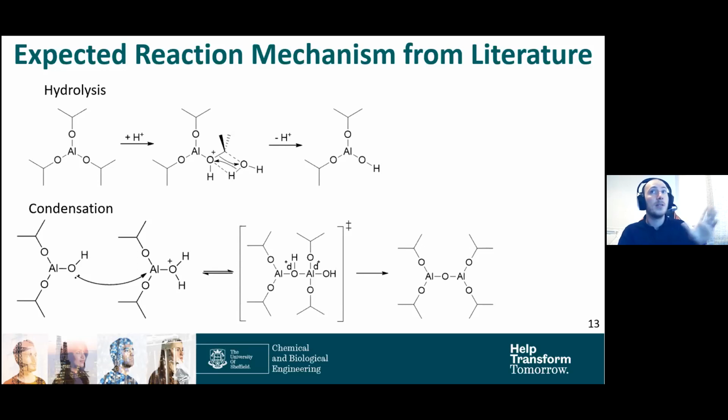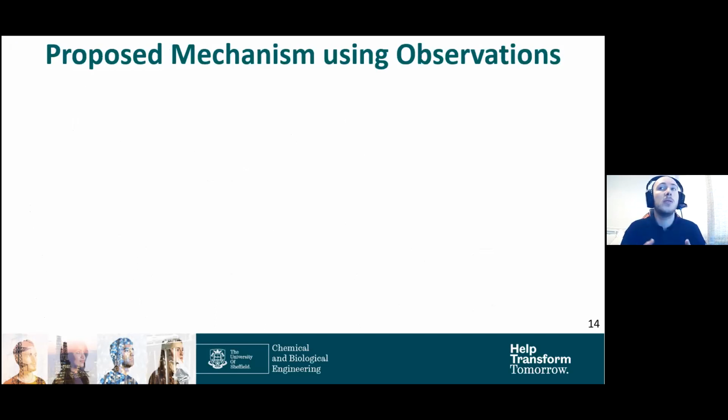But we can't see any evidence of this in our trapped droplets because we can't see any aluminium hydroxide. We can't see any of the aluminium isopropoxide groups. We don't really have enough water in our droplets, and this is the same synthesis medium that the other people were using to actually initiate the hydrolysis mechanism. Therefore, we've proposed an alternative reaction mechanism based on our investigations.